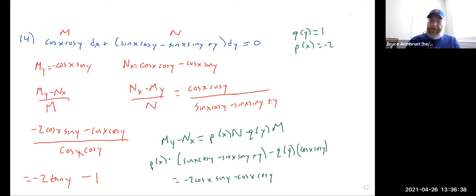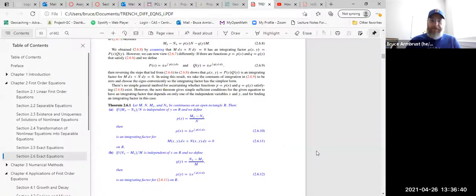Let's go back here. Right, because here was how we built the integrating factor. So we need to have my minus nx divided by n as a function of only x, right? So independent of y.